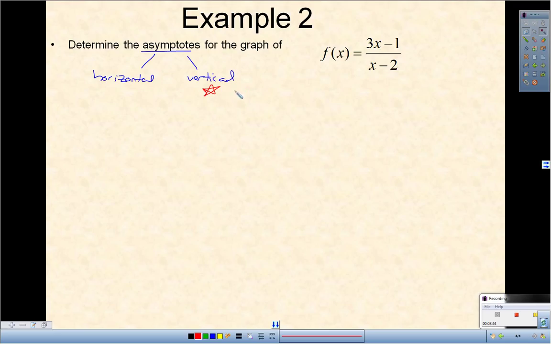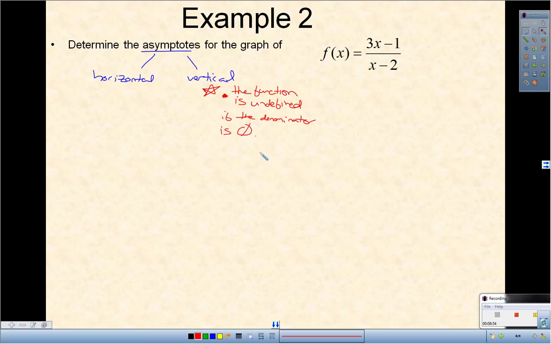So let's start there. The way that you find the vertical asymptotes for a rational function is wherever the function is undefined. And remember that a rational function is undefined if the denominator is 0.